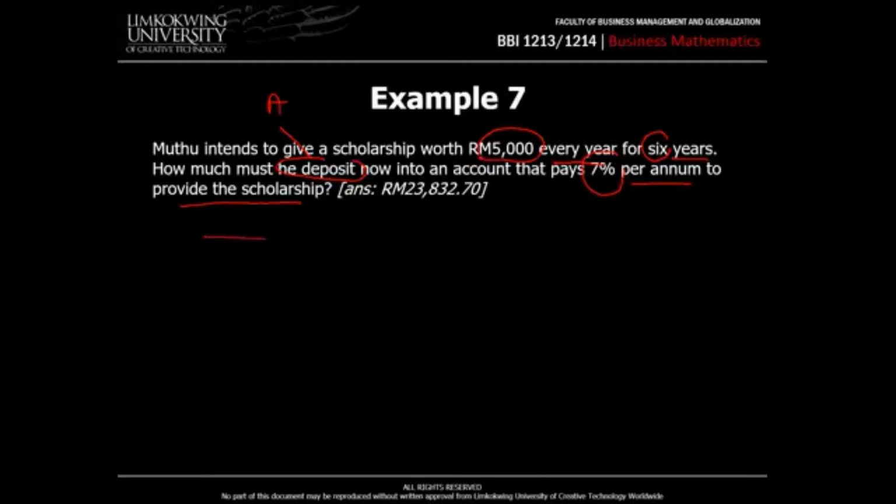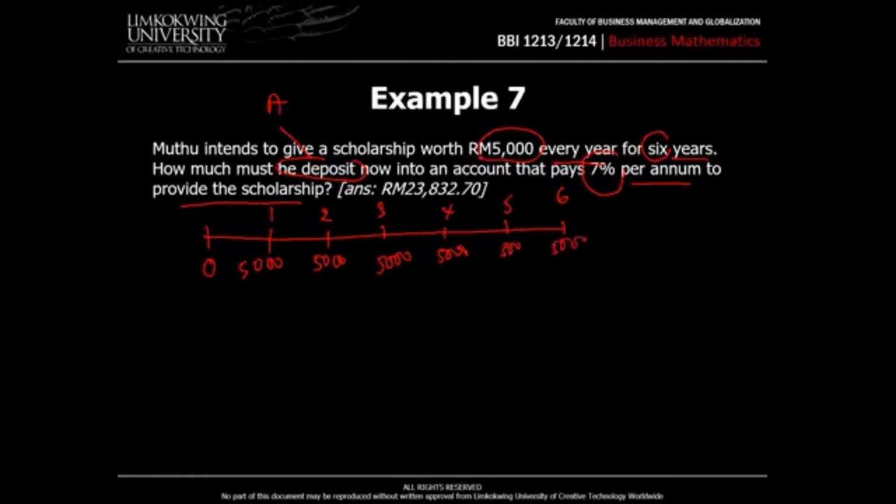Okay, so let's say I draw the timeline. So here is 0. First year, second year, third year, fourth year, fifth year, and sixth year. In 6 years, every year he gives the scholarship worth 5,000. So every year 5,000 until 6 years. Right now the value of R is 5,000.